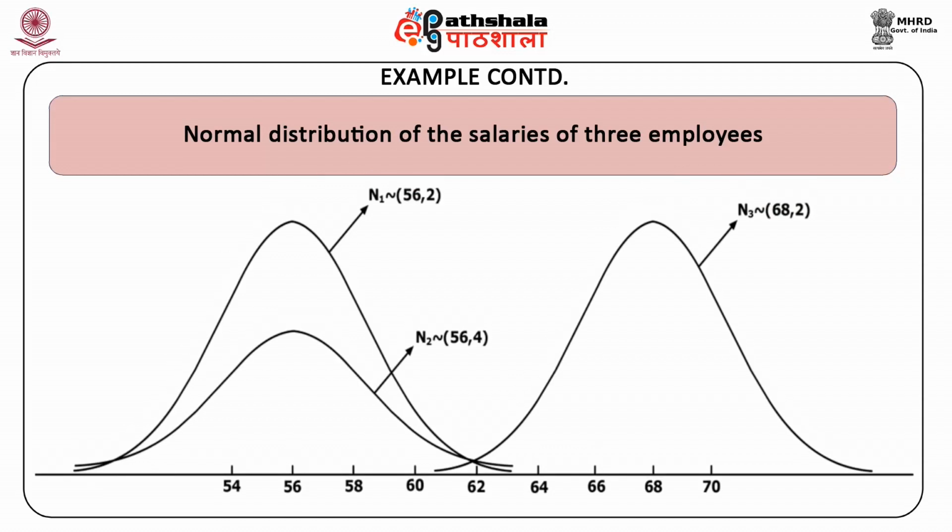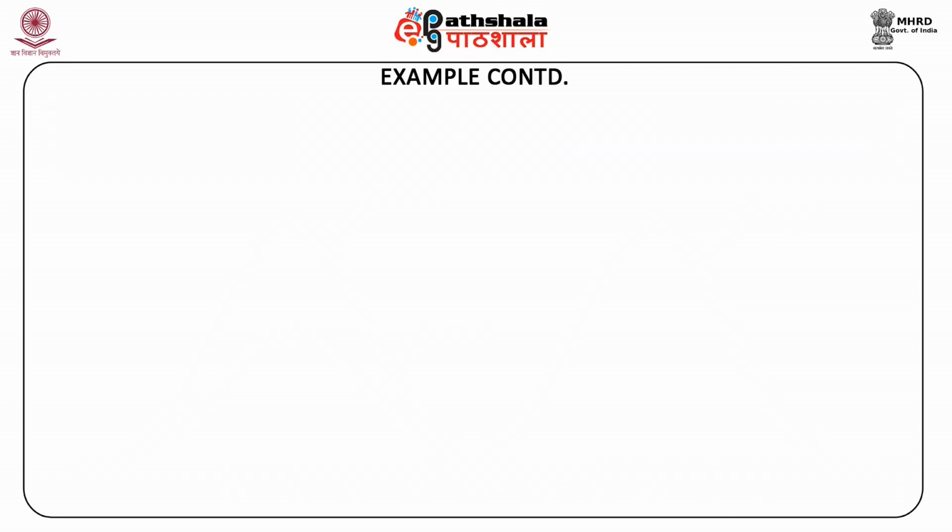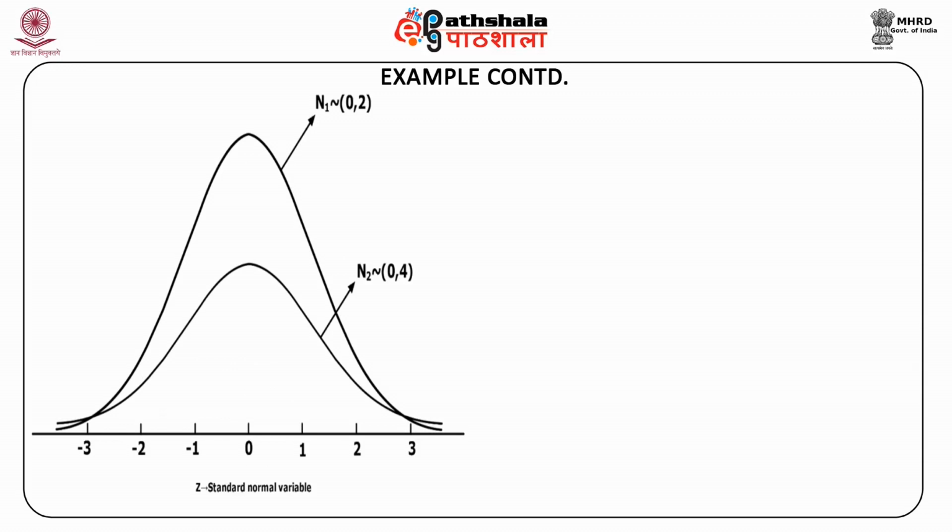Now to find the probability for a particular interval, we would require a probability table for every particular combination of parameters. But after converting these three different normal distributions into the standard normal form, we get figure 7.8, where N1 equivalent to (56, 2) and N3 equivalent to (68, 2) overlap each other since sigma is the same, and N2 equivalent to (56, 4), having greater sigma, is flatter and can be plotted on the same x-axis.